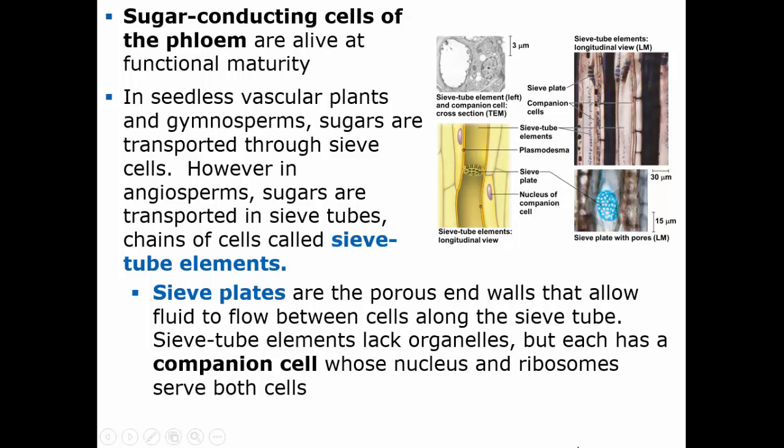They lack organelles and a nucleus, but the companion cells, located to the side of the sieve tube elements, have a nucleus and ribosomes that control the functions of both of the cells and make the proteins necessary for both. In some species of plants, these companion cells are also involved in loading and unloading the sieve tube elements with the materials that they need to transport.